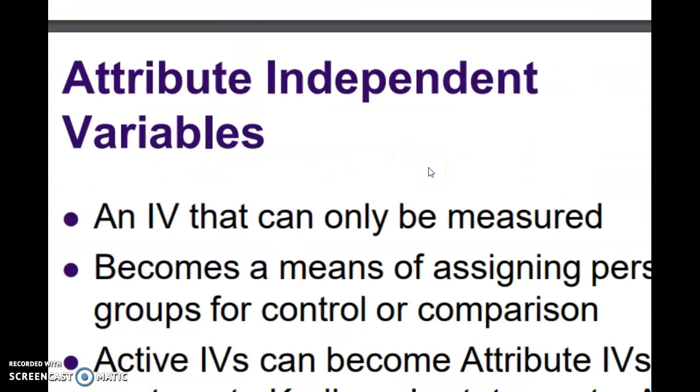Attribute independent variables are those that can only be measured. They become like a means that we use to assign persons to groups.